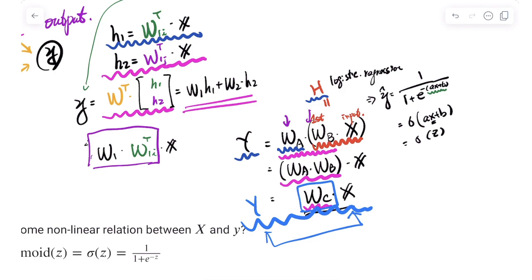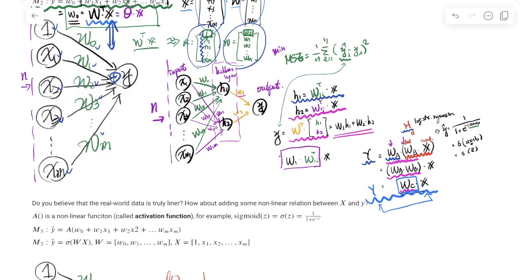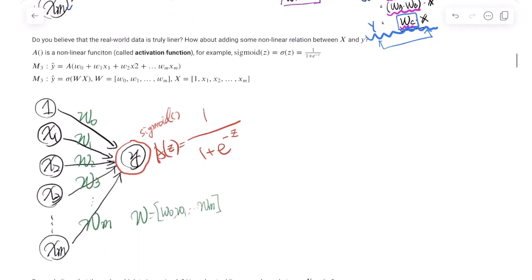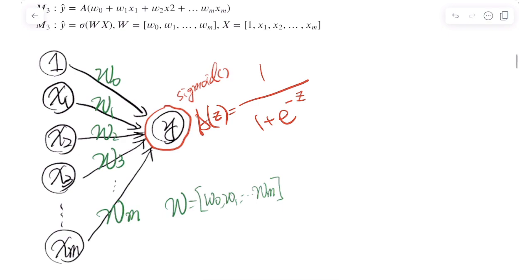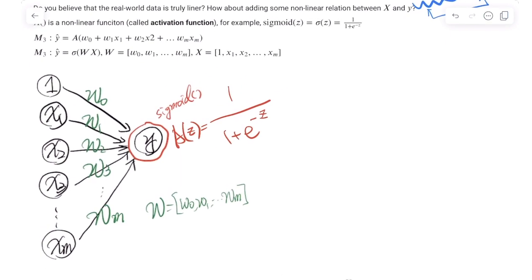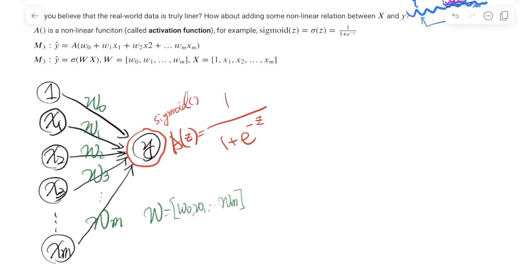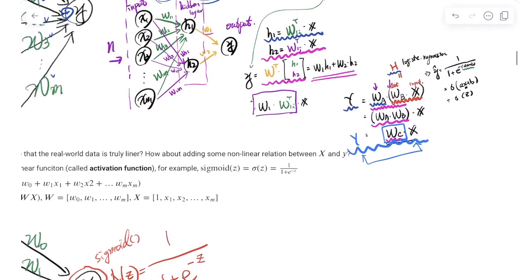Okay, so for designing a neural network, usually we request the designer to add some nonlinear calculation operation in your neural network, so that these things would not occur in your network.